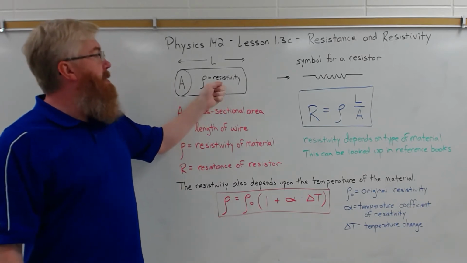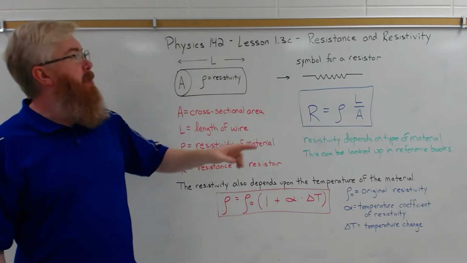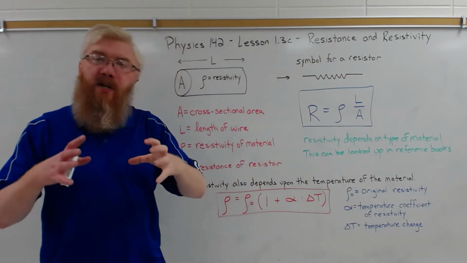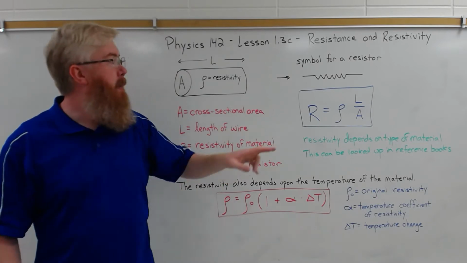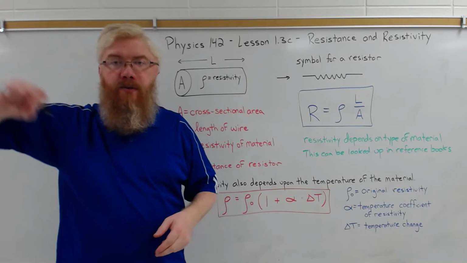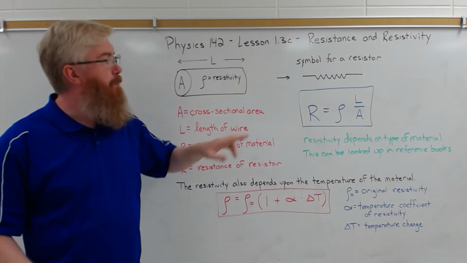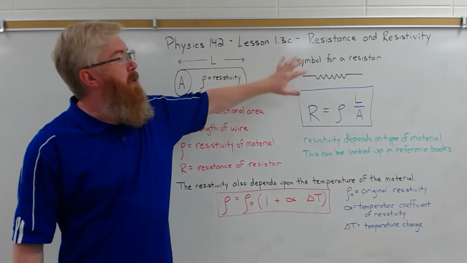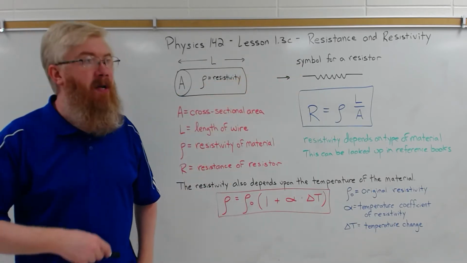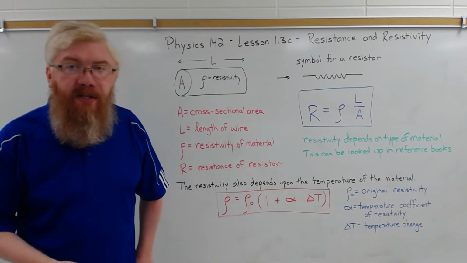It also depends on this new topic called resistivity. Now the resistance is for a specific resistor. Again, the symbol for resistor is just this jagged, shark tooth type design. Resistors have specific values, a 110 ohm resistor, 1.3 mega ohm resistor.